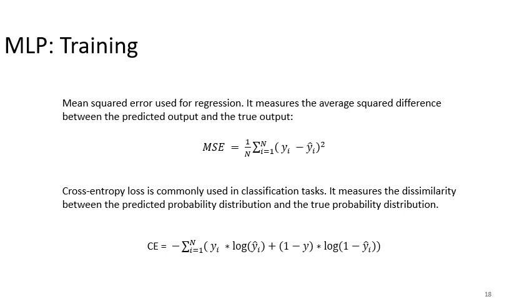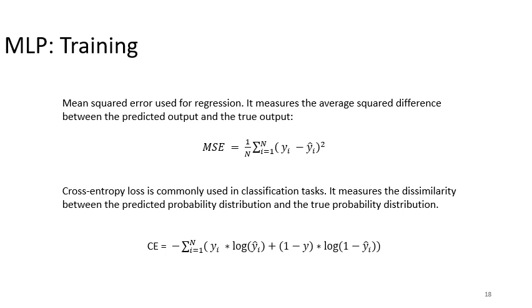This is the MSE. The MSE penalizes large errors more severely due to the squaring, and minimizing this loss during training encourages the model to produce predictions that closely match the actual target values.